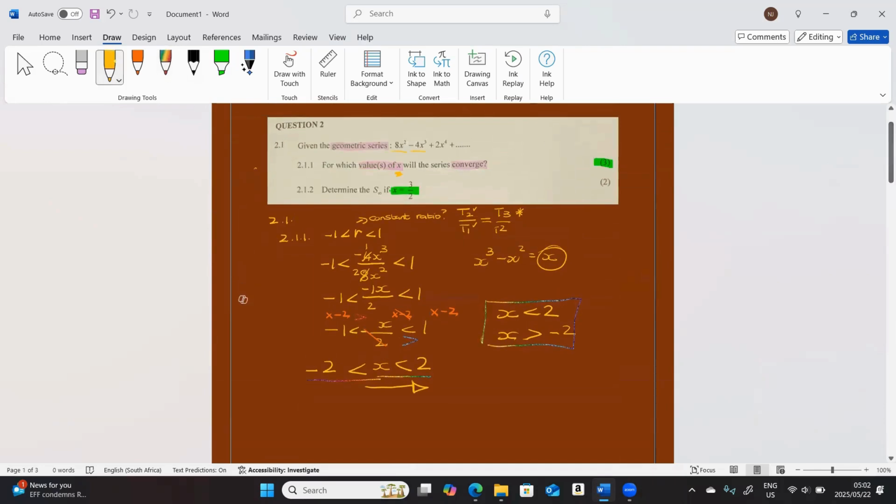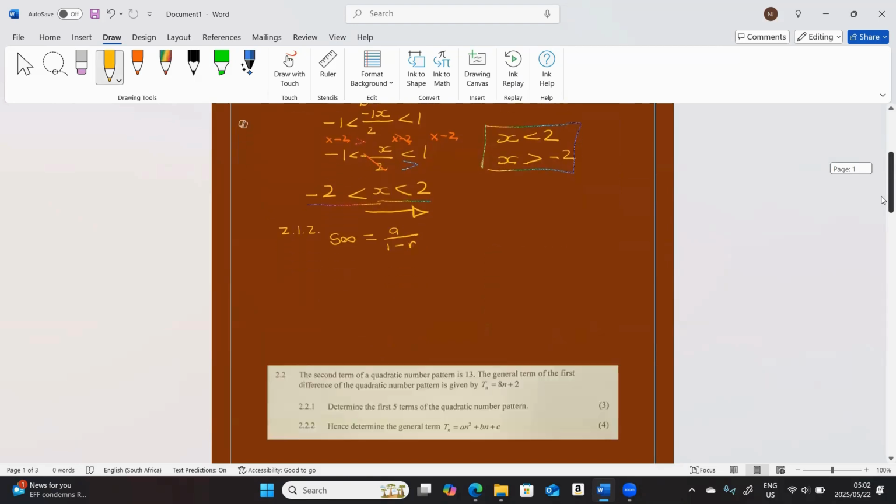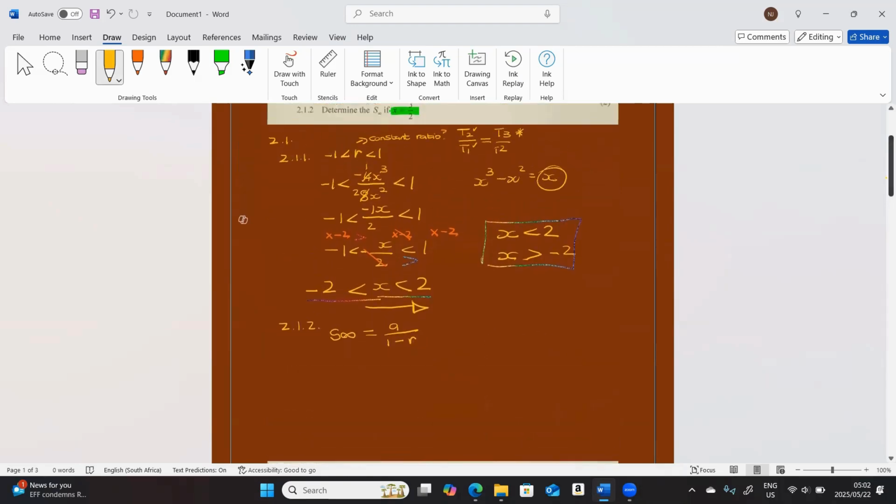Once again, you will write your question number 2.1.2 and you will write your formula. The sum to infinity equals A over 1 minus R. Now we have to substitute our values of x with 3 over 2.